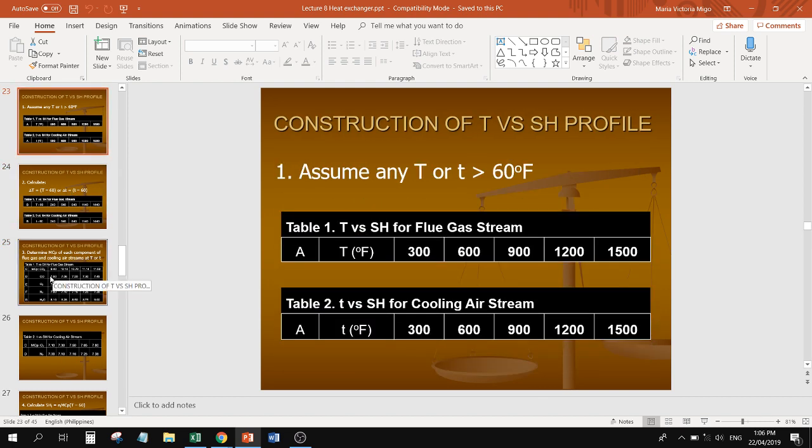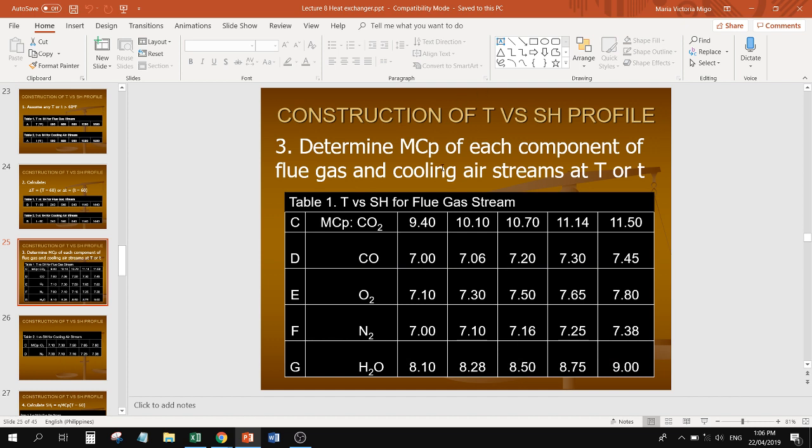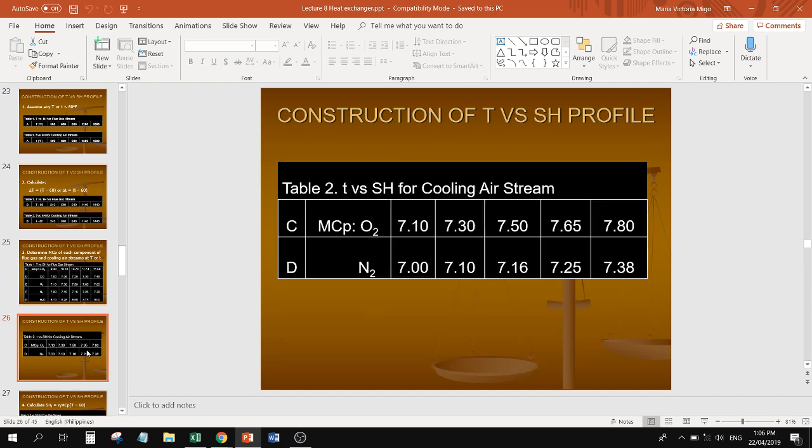This column is for 600 degrees Fahrenheit, 900, 1200, and 1500. These are MCP values. You have to do the same for the cooling air stream. These are the MCPs of the cooling air, or cold working fluid stream.